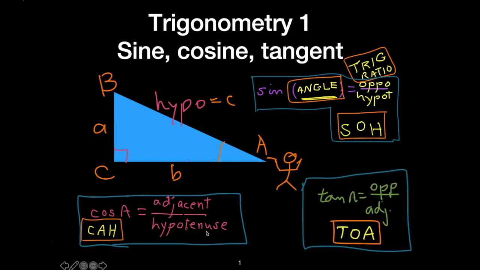And the last trig function is tangent. Tangent is opposite side over adjacent. Now these all have a lot in common, but they're all different. Tangent is TOA. Tangent equals opposite over adjacent.